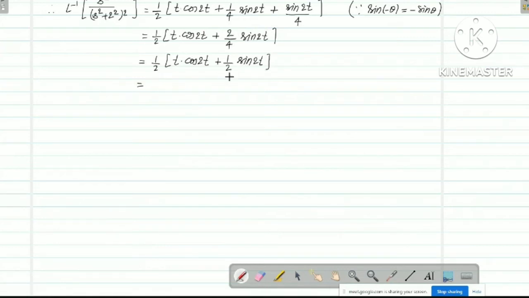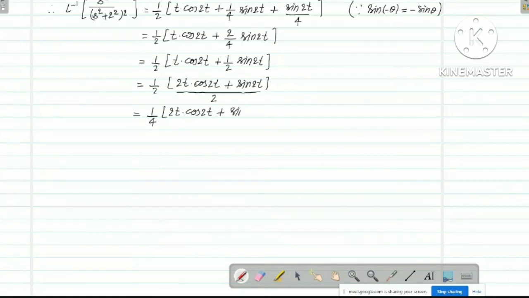So just take LCM of this or cross multiply, so 2 times of t times of cos 2t and plus sine 2t, okay, and divide by 2, so this becomes 1 by 4, 2t into cos 2t plus sine 2t, okay. So this is your final inverse Laplace transform of the given function.